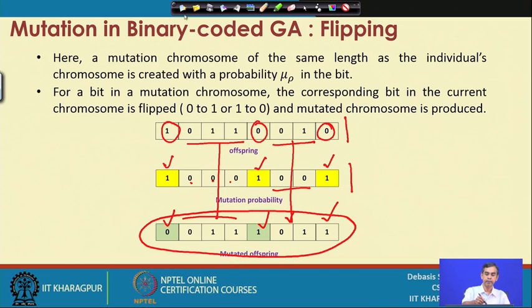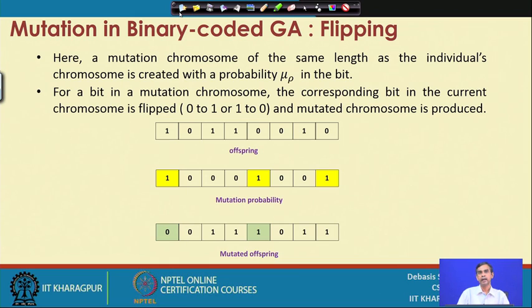The idea is pretty straightforward and simple, and it is not a very time-consuming operation. Generally the child chromosome has to be selected at random, that means which chromosome needs to be mutated. You can take the child chromosome at random, and not all the child chromosomes are to be mutated; only a few.